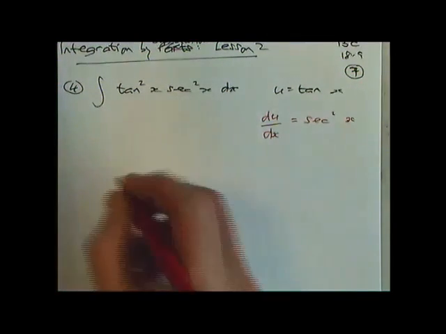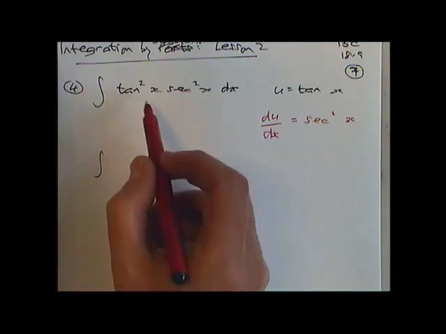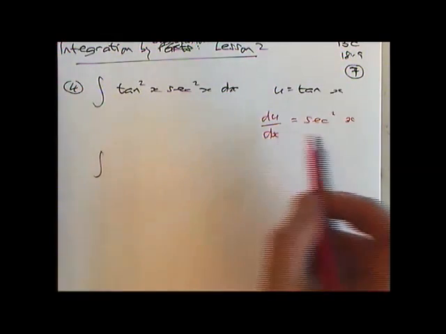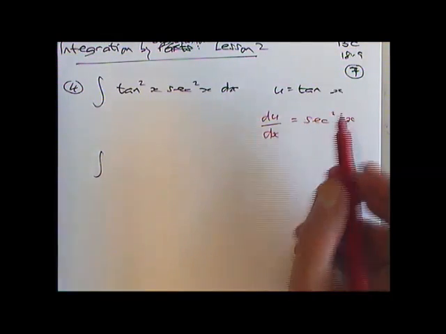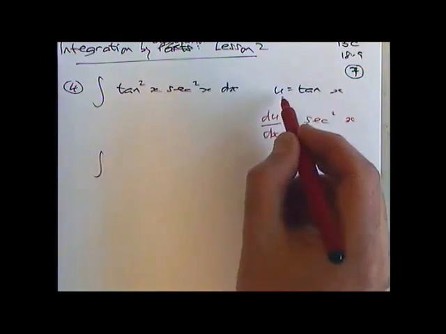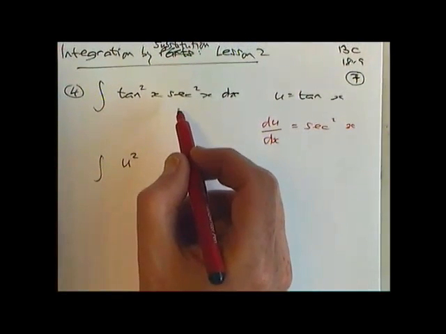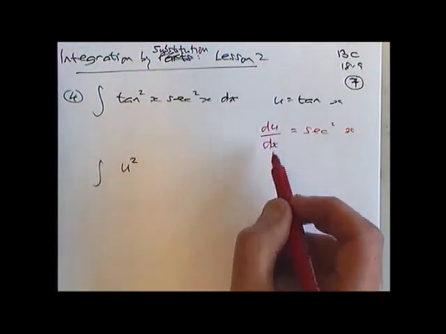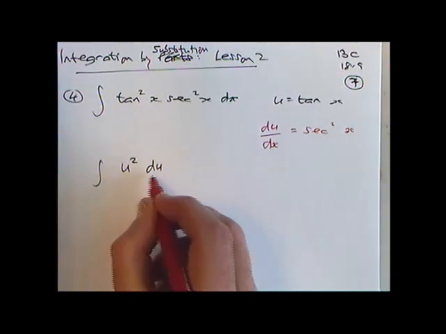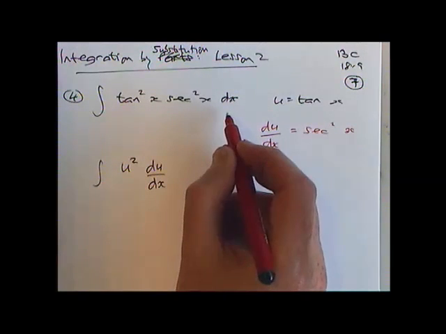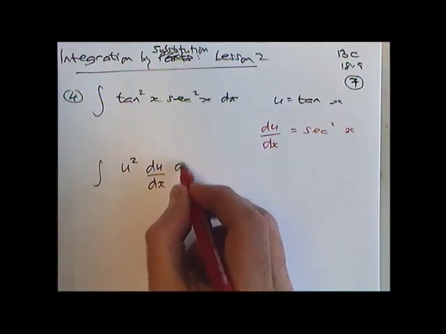If I go straight to rewriting that integral, what is tan squared going to be in terms of u? U squared? Yeah, if tan is u, tan squared is u squared. What is sec squared? Du dx. Oh, and I've still got that dx there. Mustn't forget to write it down.